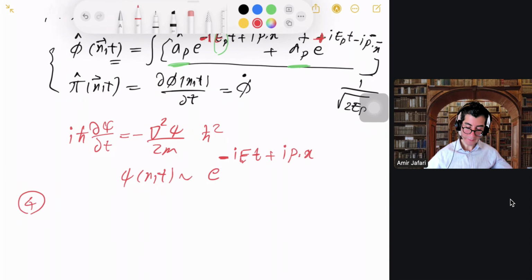Long story short, when you write down the Fourier transform for the Klein-Gordon field, remember to put a minus sign for the energy next to the annihilation operator, and a positive sign next to the creation operator. This is the convention, and it comes from the Heisenberg picture, and it's also related to Schrödinger's equation at low energies.